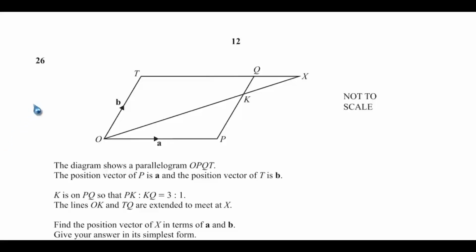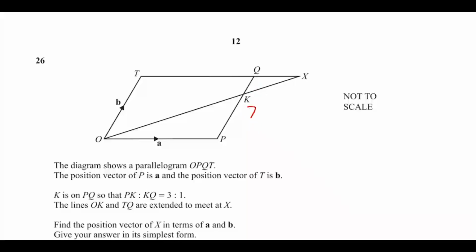So let's go to the next question. That will be question 26 of paper 058022, October November 2023. The diagram shows a parallelogram OPQT. The position vector of P is A and the position vector of T is B. K is on PQ so that PK to QK is 3:1.